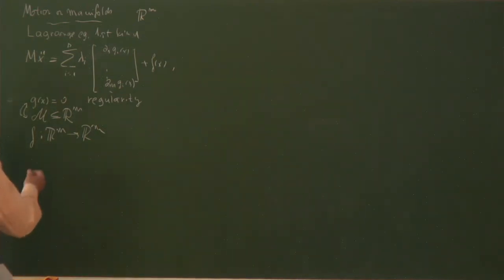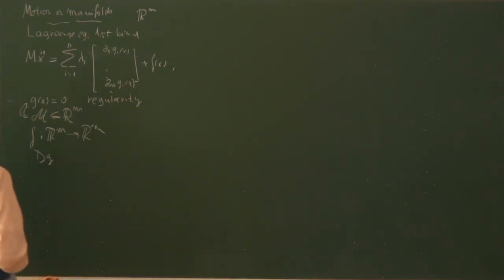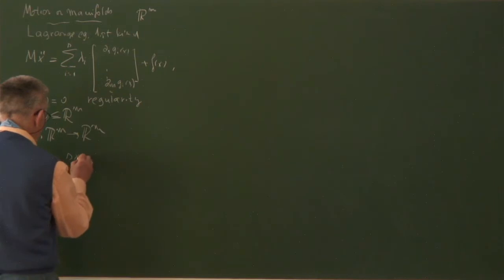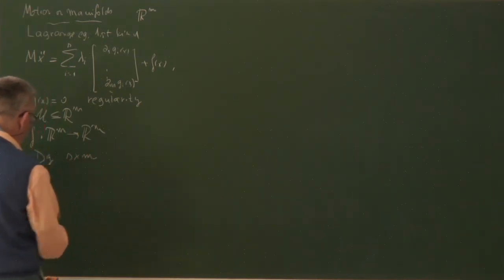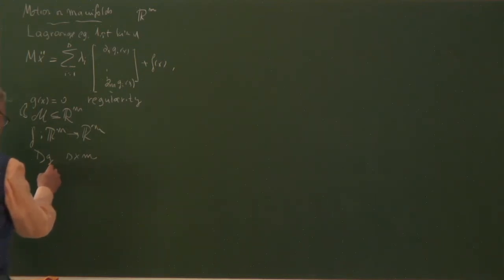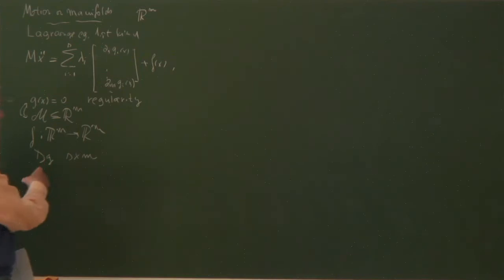This gradient of G is a matrix of type S times M. It has S rows and M columns. Rows count the components of G, and columns count the components of Rm, with respect to which you differentiate.